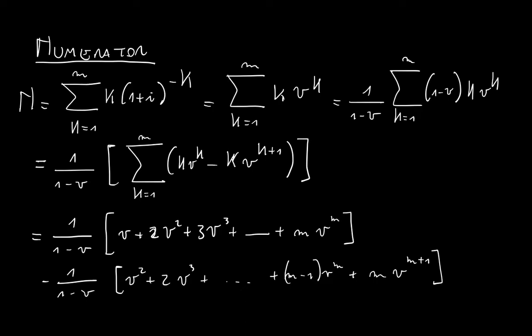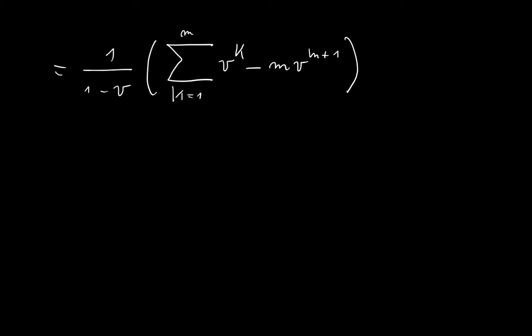We expand manually the first term and the second term of the subtraction inside the summation, and we see that at the end they have a common term, which is 1 minus v. It remains v, and then all the terms with the same power will have 1 as a coefficient, and therefore we remain with this structure.